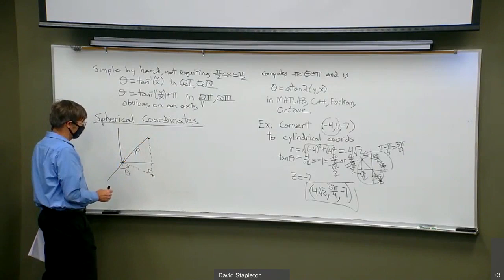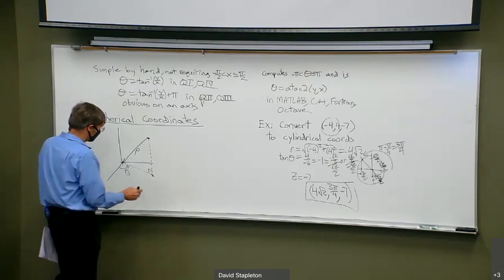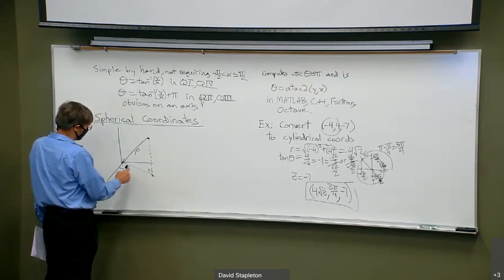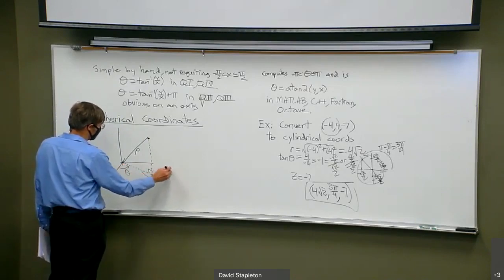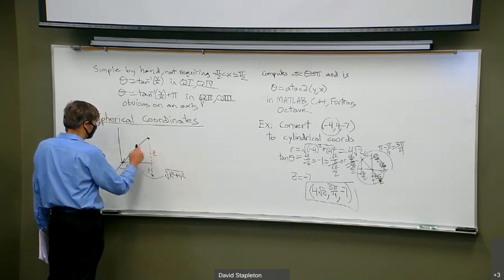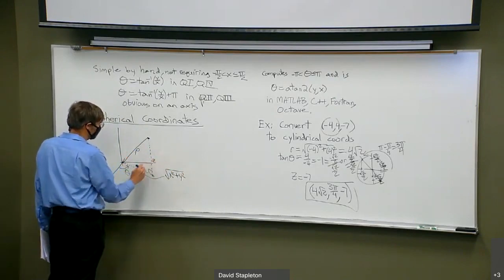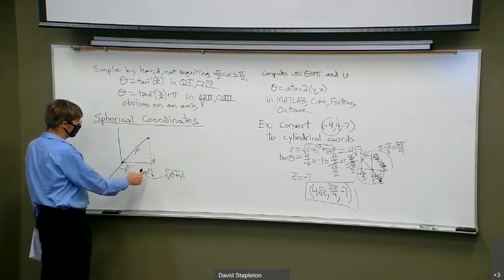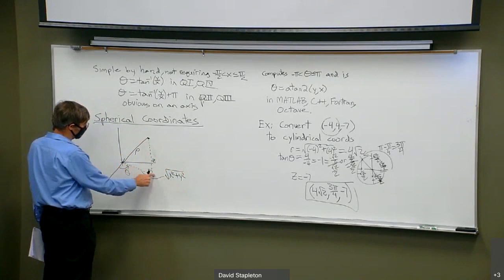And if you think about it for a minute, you can figure it out. This distance here, from cylindrical coordinates, is the square root of x squared plus y squared, right? This one here is z. So what is rho? Well, this is a right triangle here. So rho is the square root of this squared plus this squared.